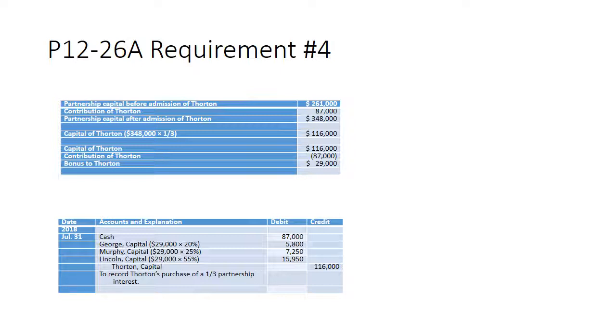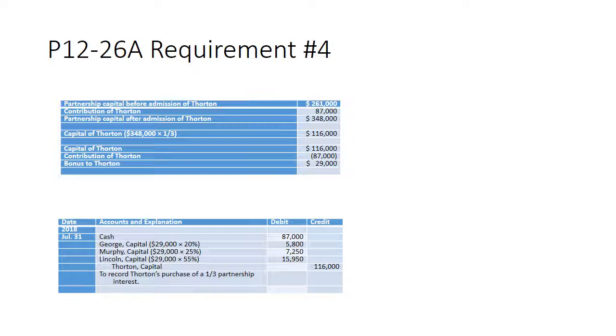How much of a capital balance is he going to get in this? A 1/3, or $116,000. Now, listen, he gave cash of $87,000 and the partnership gave him a capital balance of $116,000. If he left tomorrow, he could take $116,000 of the partnership's assets with him.